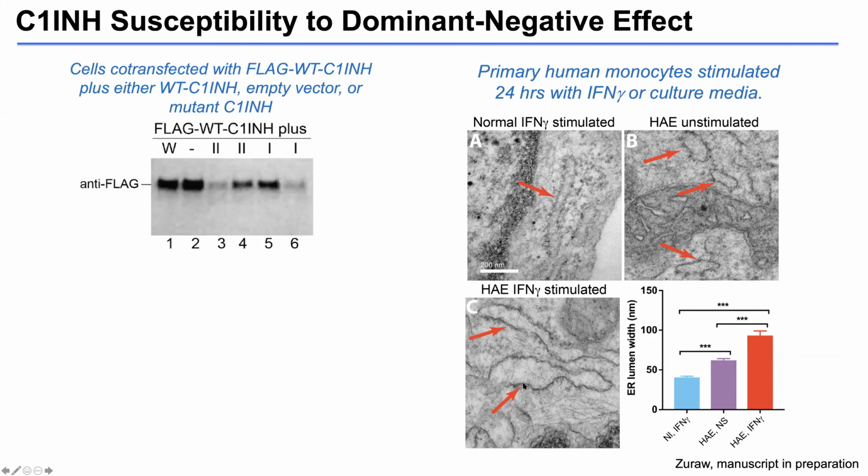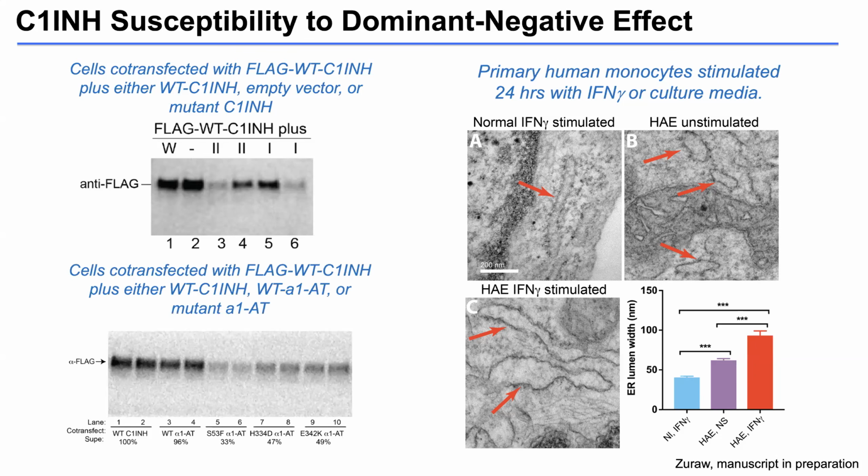And this is a monocyte where we stimulated it with gamma interferon, so it made even more C1 inhibitor, and the ER further widened out. When we measured it in multiple cells and multiple cuts, these are the values, which are all statistically significant, showing that what's happening in HAE is we're getting ER stress. And we think that's what the mutant protein is doing. It's interfering with the secretory pattern because of ER stress.